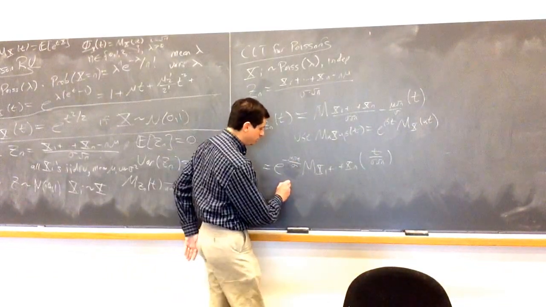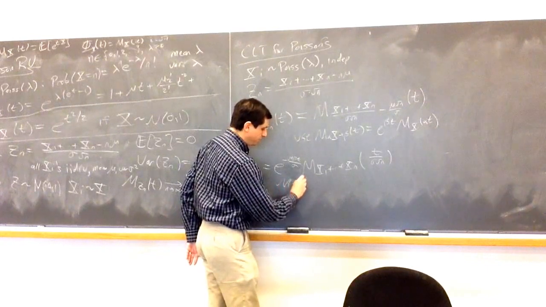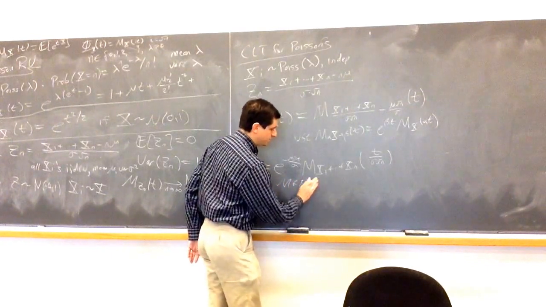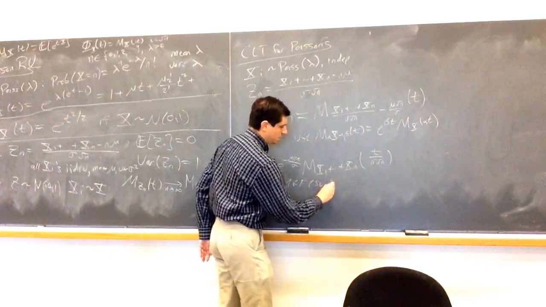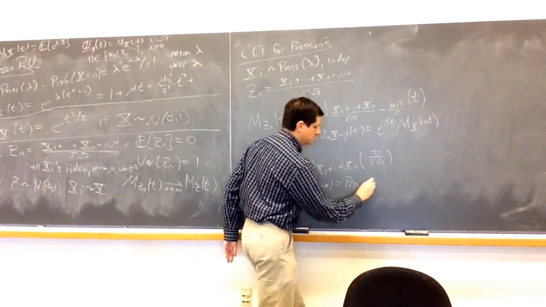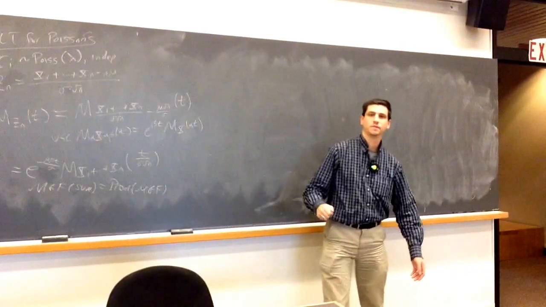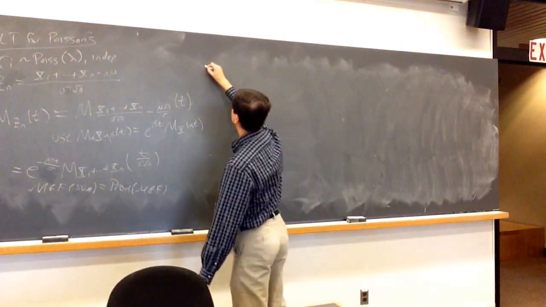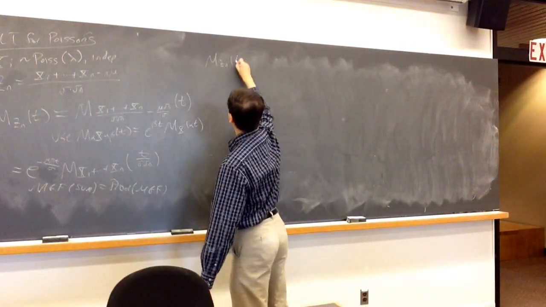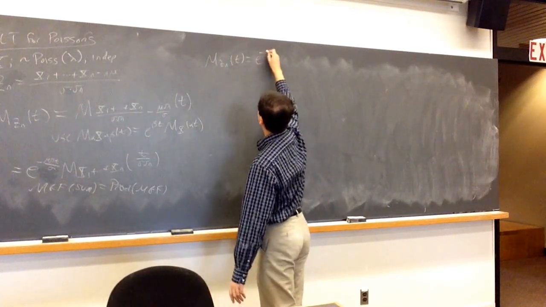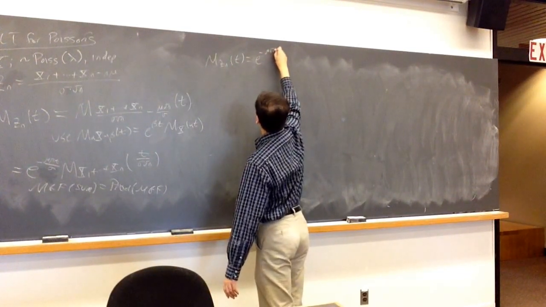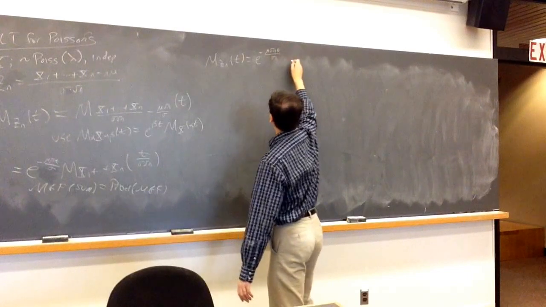So now we use that the moment generating function of a sum is the product of the moment generating functions. So now what we get is m_Zn of t is e to the negative mu square root of n t over sigma.